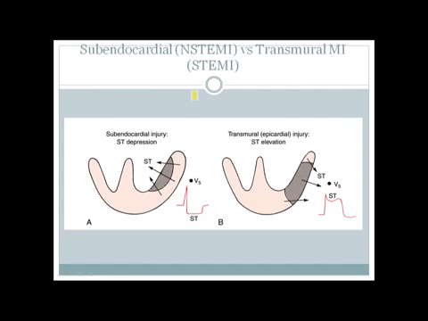Here is a comparison between subendocardial and transmural MI. In case of subendocardial MI, the subendocardial vessels are occluded, and that's why the full myocardium is not involved. Only the subendocardial myocardium is involved, and that's why it leads to formation of ST depression rather than ST elevation, because the current of injury travels inwards, and that's why this current goes away from the chest leads, leading to ST depression.